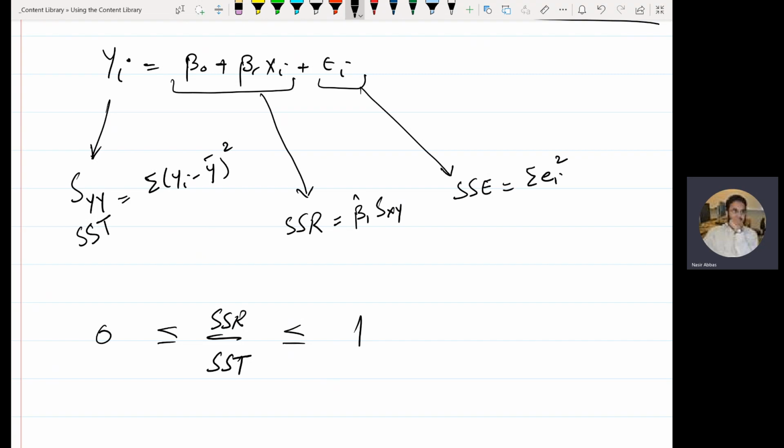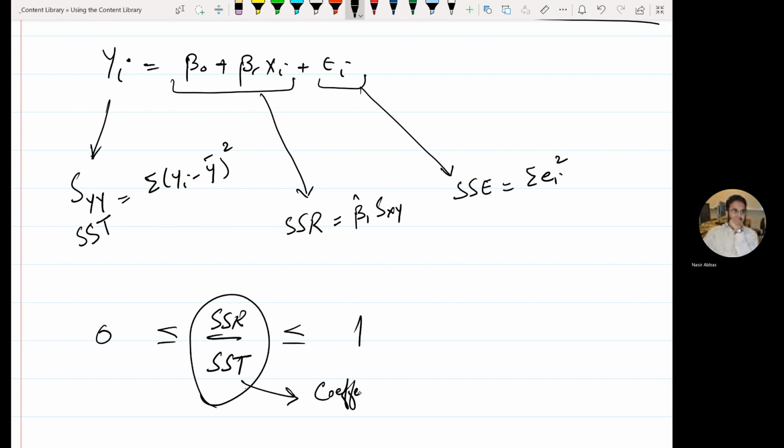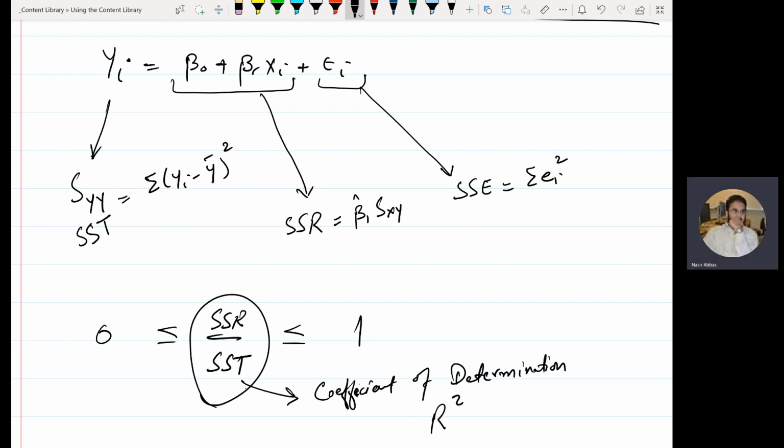Very bad. And about the other extreme, SSR is dominating. In that case, the regression will be perfect, very good. So this measure, this ratio is called coefficient of determination. It is denoted by R square.